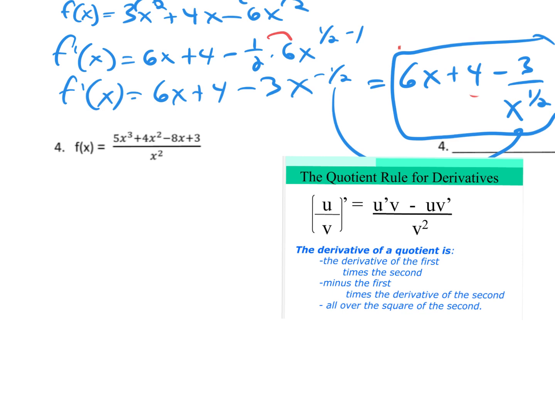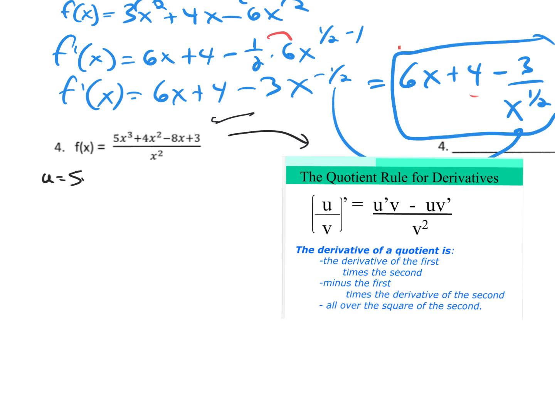Now for this next one, here we're given a fraction, and the best way to go about finding the derivative of a fraction is to use the quotient rule. Now, there is a way to simplify this and then find the derivative. I'll do that second, but I'm going to practice the quotient rule here.